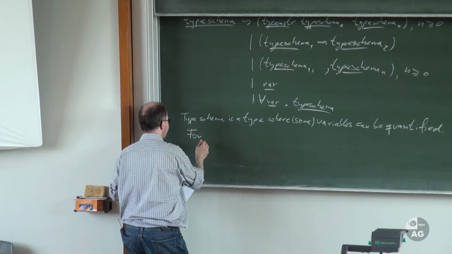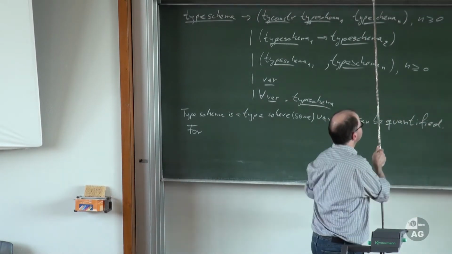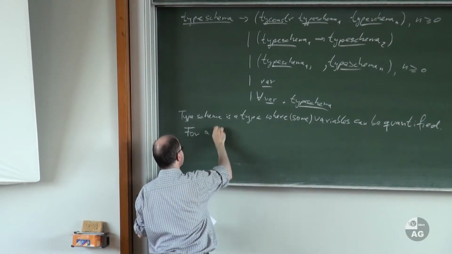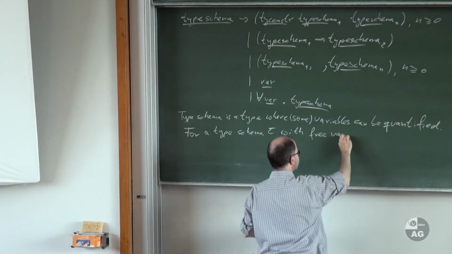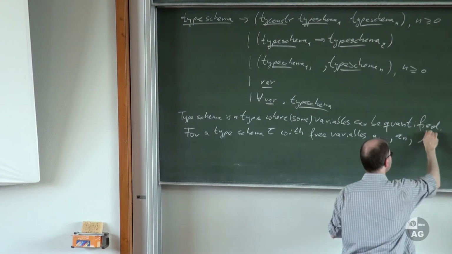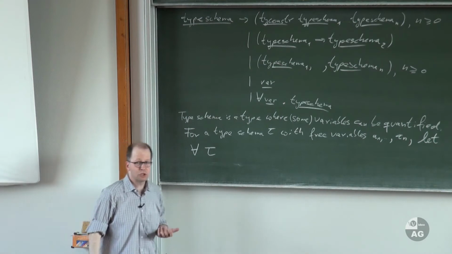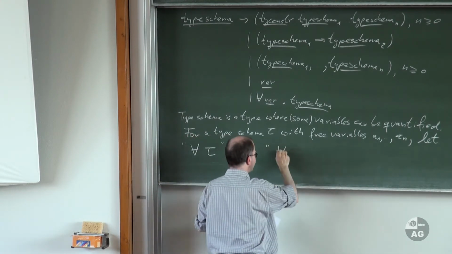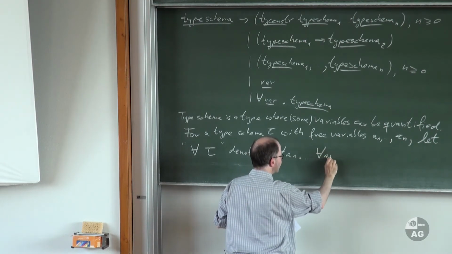So if we have a type schema tau with the free variables a1 to an, if we just write a universal quantifier in front of this type schema without writing any variables, this should be a shorthand, an abbreviation for the following type schema where we simply add universal quantifiers for all the variables: for all a1 dot, for all an dot tau.